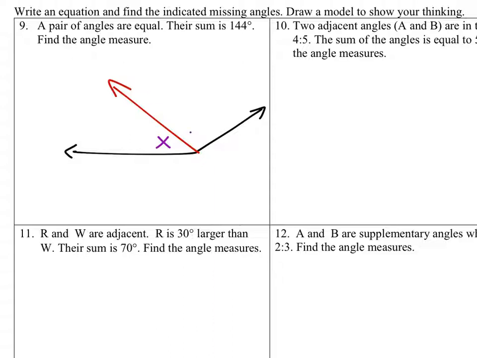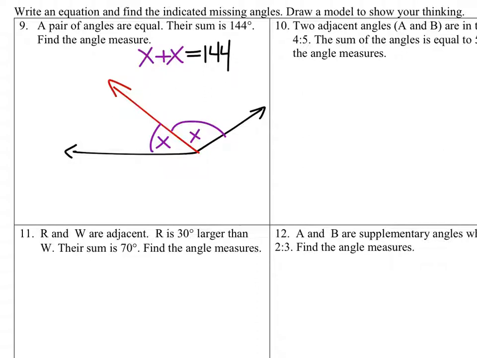So I could call that x and that one x as well. So this angle has a value of x, and this one does as well. What that means is that I've got two x's, which would add up to 144. So if I do x plus x, then I should get that 144 degrees.